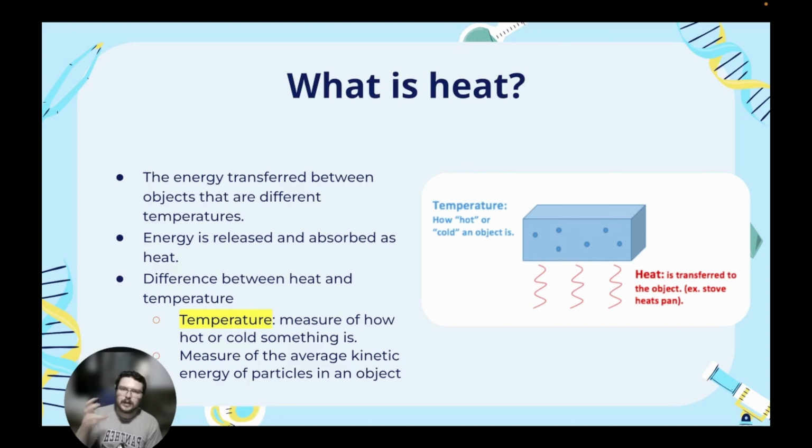So temperature is a measure of how hot or cold something is, whereas heat is the measure of the average kinetic energy of a particle. So heat is a measure of how quickly something is moving on average in that substance, whereas temperature is the measurement of that average speed or of that average kinetic energy.